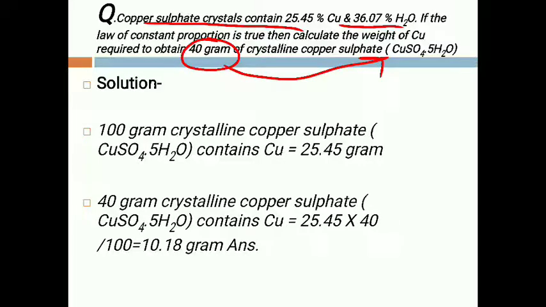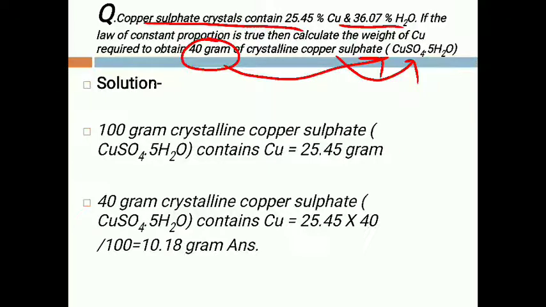Right, beta? So we know that the second line is also talking about the same compound, copper sulfate, which is hydrated. So whether you obtain copper sulfate dot 5 water by any particular method, the percentage of copper is always the same. So the first data can be used for the second statement, because both the compounds are the same, and of course the percentage of copper will also be the same.